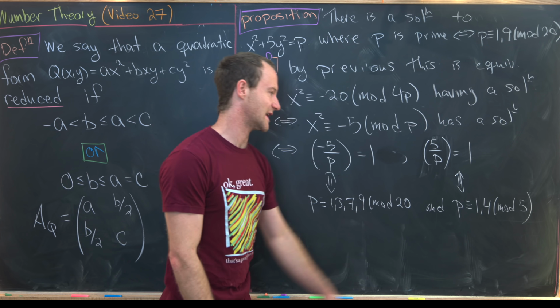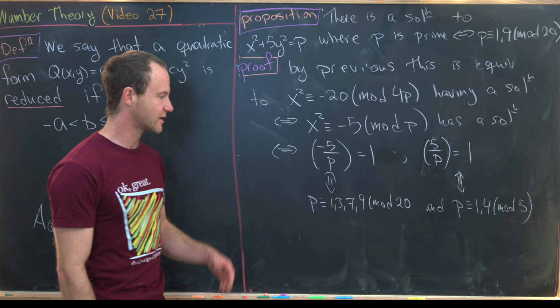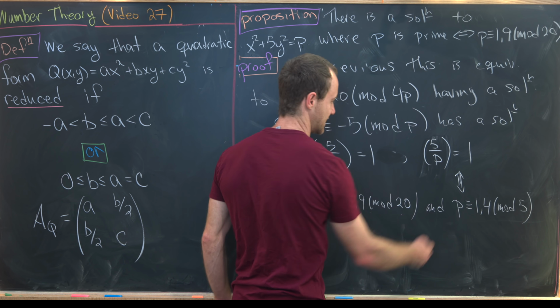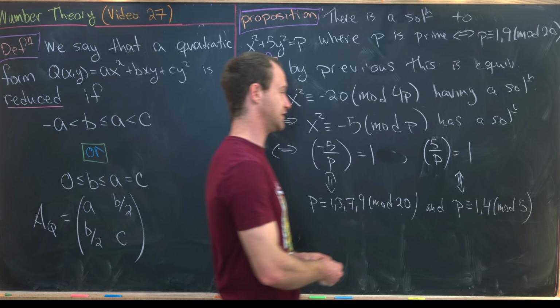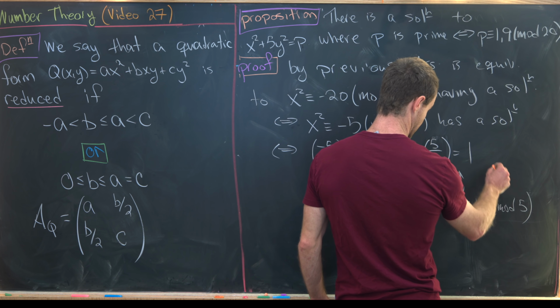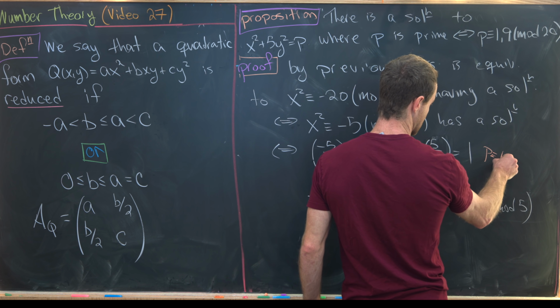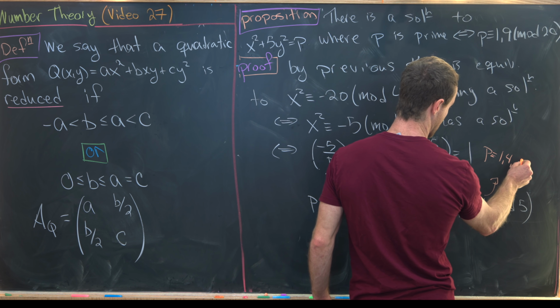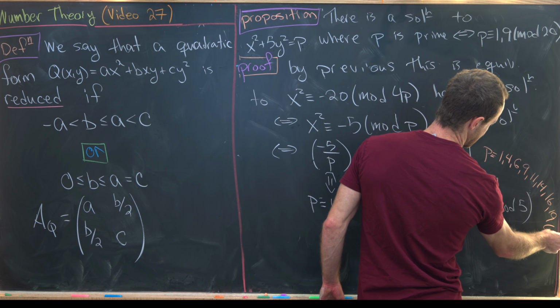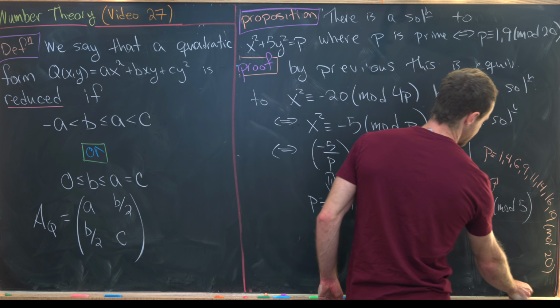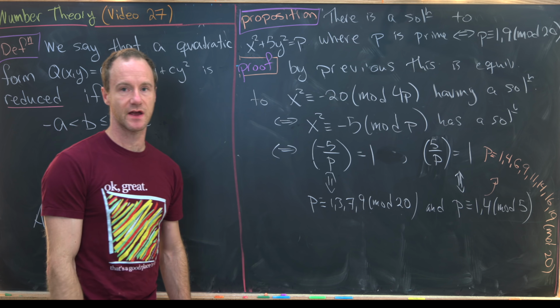But now we want to slam these two together. That's a little bit tricky while this is mod 20 and this is mod 5. So we want to extend this mod 5 to a mod 20. We can do that and we'll see that p is congruent to 1, 4, 6, 16, or 19 mod 20. So obviously there's a lot of values there.